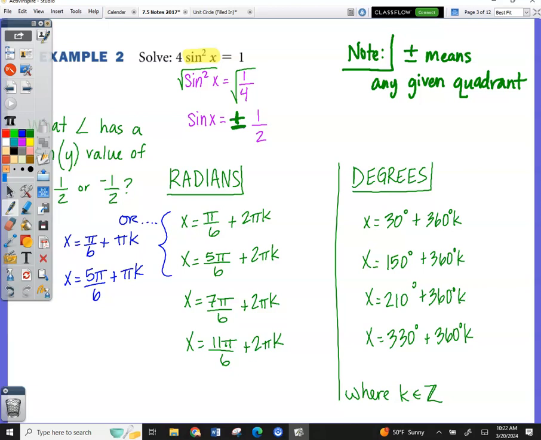These two responses will cover all four. You don't have to go that way, but if you see it, by all means, go that way. Over here, it would be 30 plus 180k, 150 plus 180k, and that will cover the 210 and the 330, and you don't have to write those.